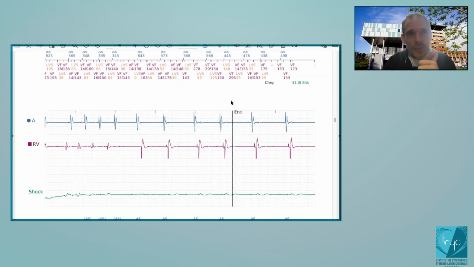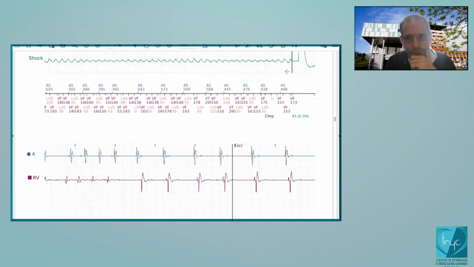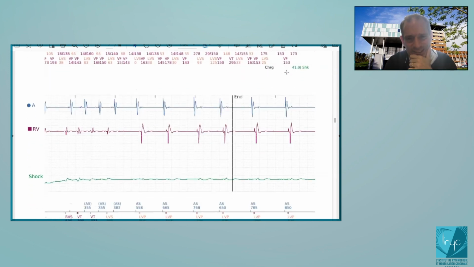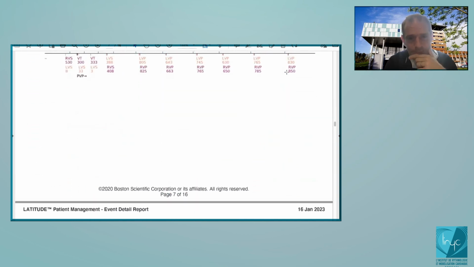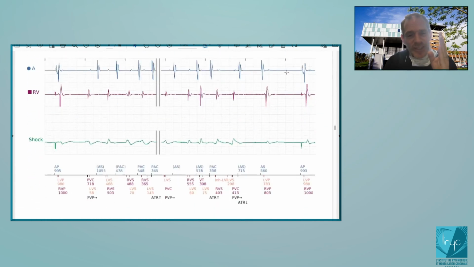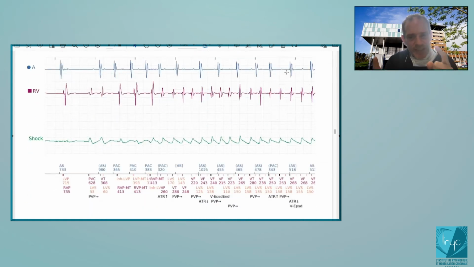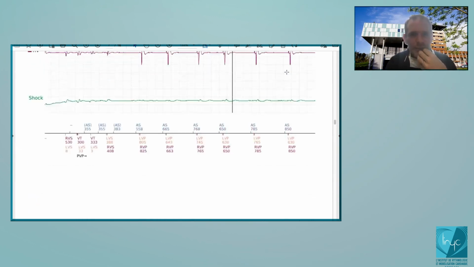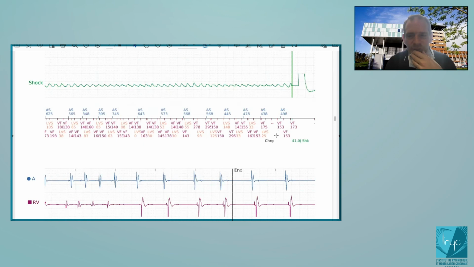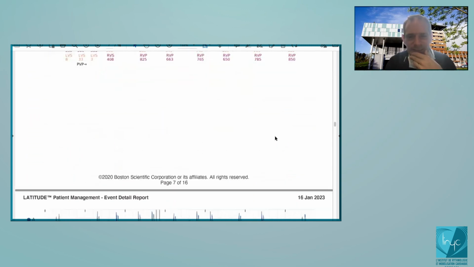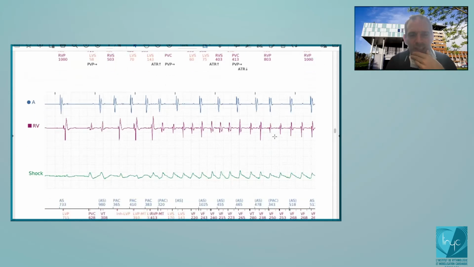There is one criterion: once the shock is delivered, you have 10 seconds before you consider that it's the end of the episode. And it's going to be the end of the episode if during these 10 seconds you do not encounter redetection, which means 8 out of 10 fast cycles. You understand? For example, here, the shock has been delivered here, and during 10 seconds, there is no verification of the 8 out of 10.